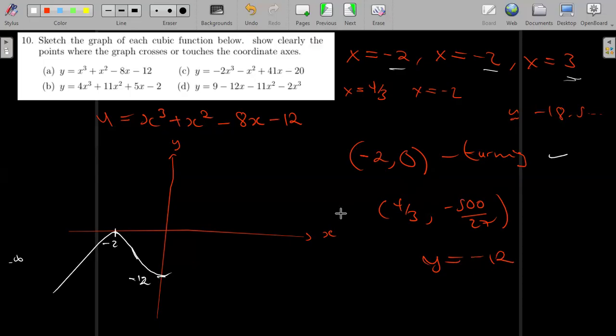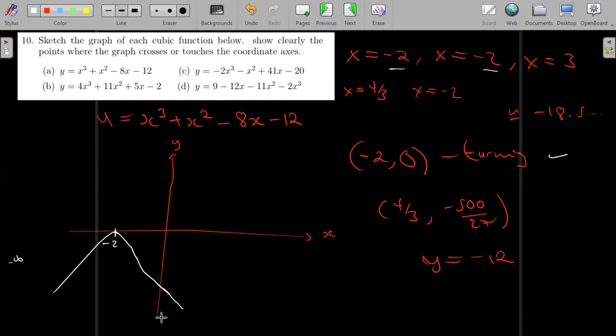Then what is my turning point? Okay, we should not forget the turning point is 4 divided by 3, that's like 1 point something. Let me just go back a bit. Yes, it has gone through that point, and we're saying that point is negative 12, but we expect it to go a bit lower.